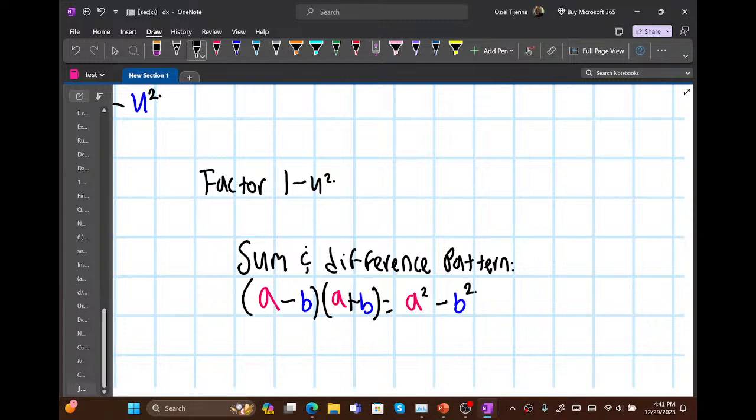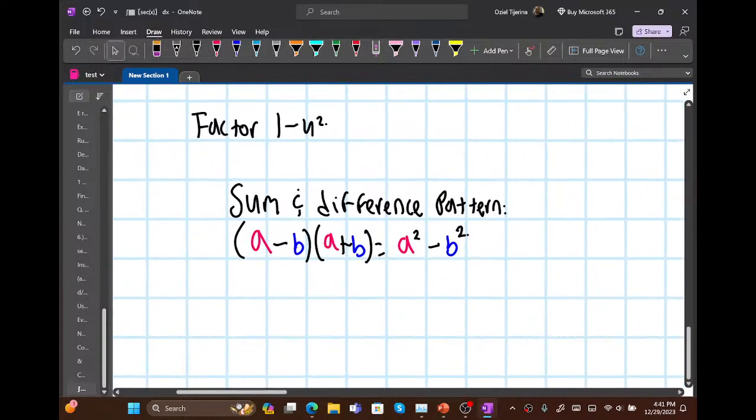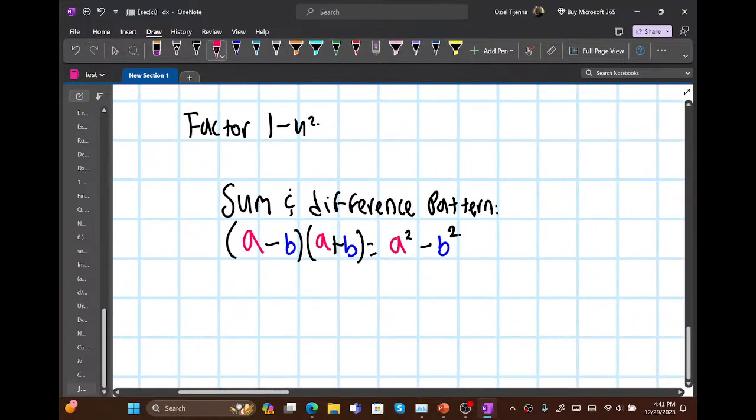Okay. So therefore, when I factor 1 minus u squared, let's do it this way. 1 minus u squared is really 1 squared minus u squared, which is equal to the quantity 1 plus u times 1 minus u. So yeah, basic algebra there.